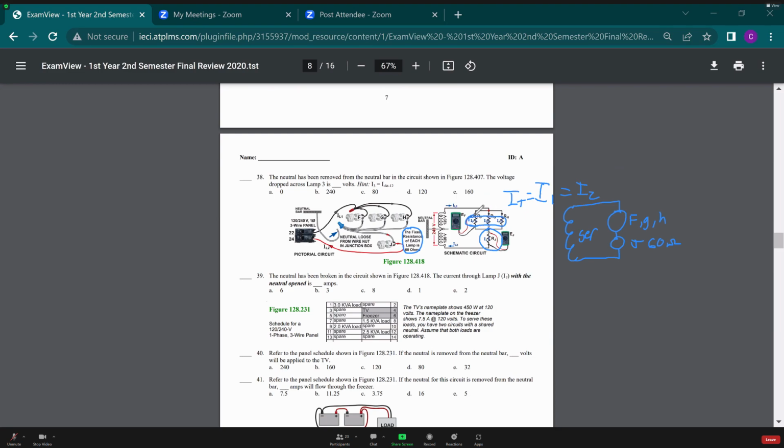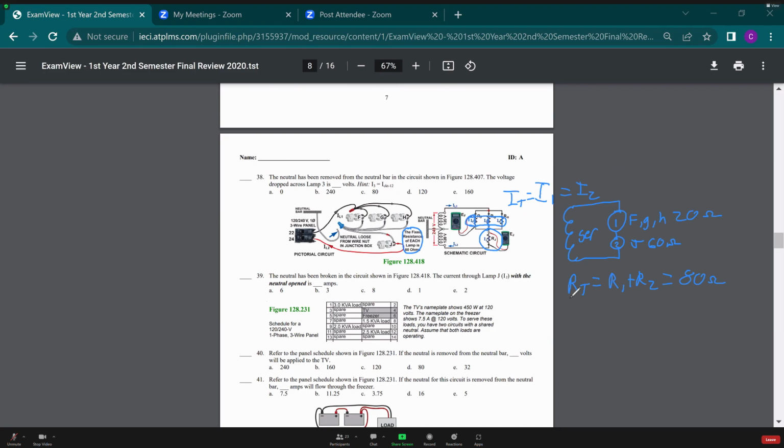So 60 divided by 3 resistors is going to equal 20 ohms. Because F, G, H, and J are in series, my resistance total is going to be the resistance of 1 plus the resistance of 2, equaling 80 ohms as my resistance total.